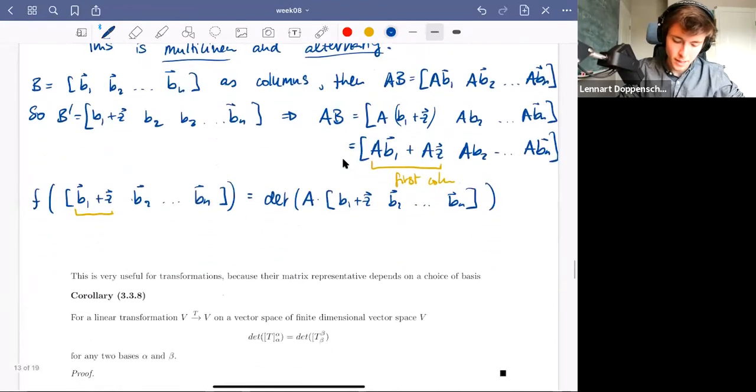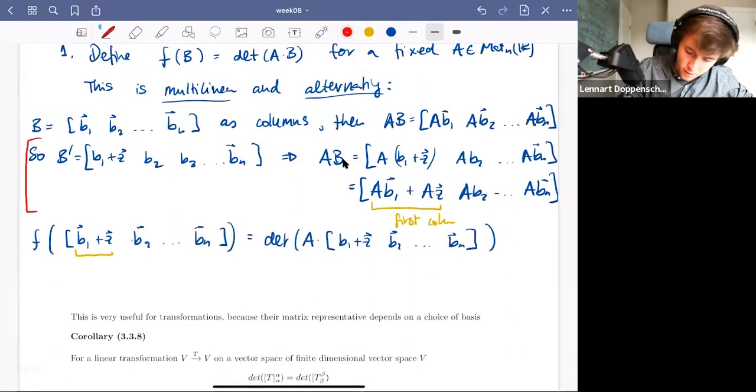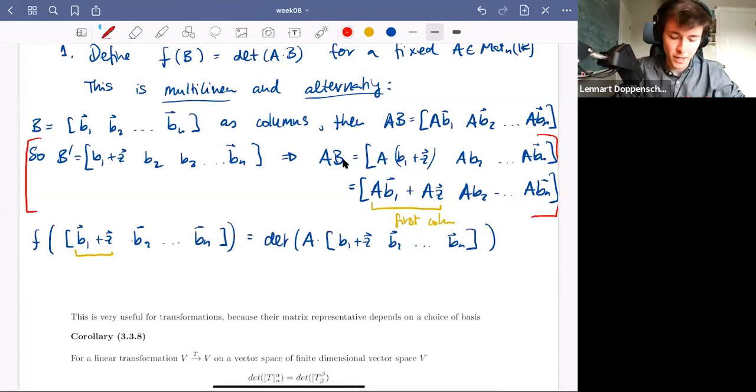And now we use this property above. Let me just make a box around this. So this box, we basically just computed the matrix product of A with B, where we have a sum of vectors in the first column.